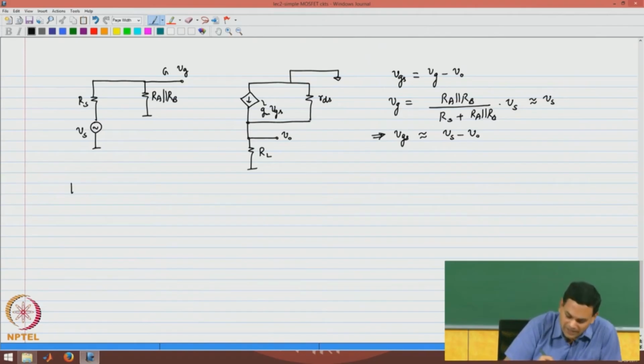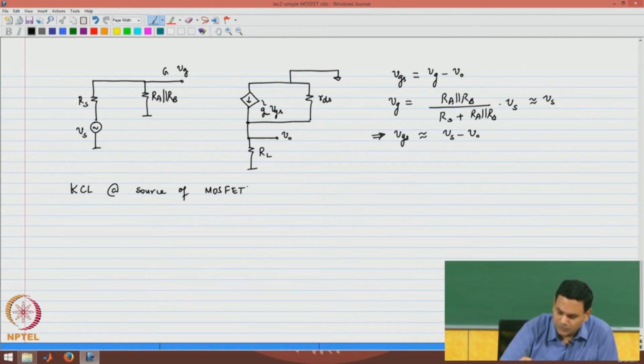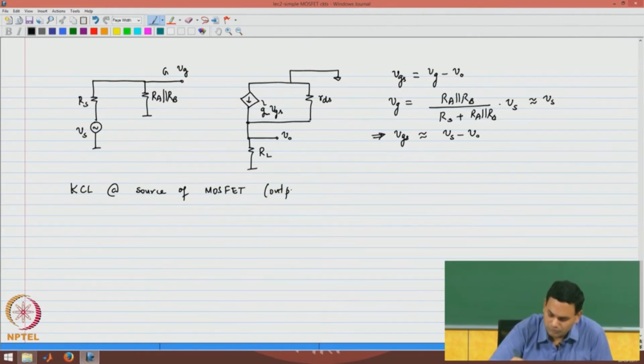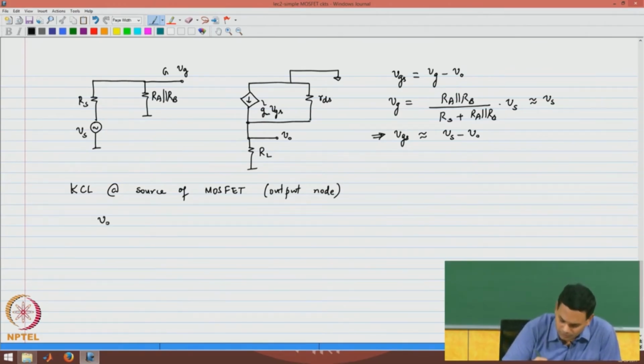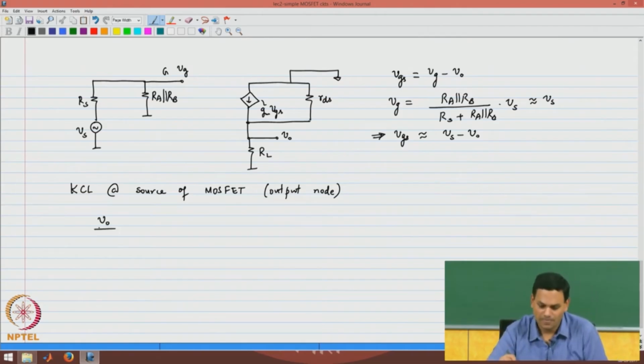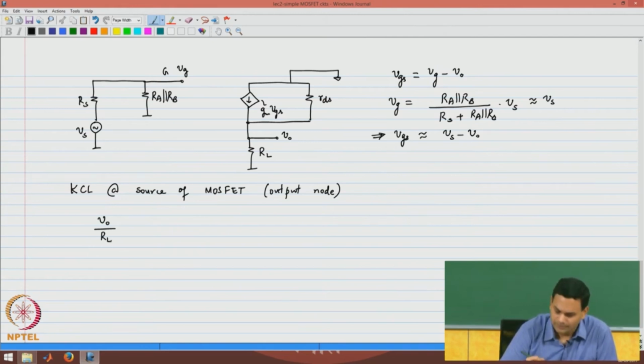Now, we will apply KCL at the source node of the MOSFET, which also happens to be the output node. So, the current flowing out of the node is vo by RL plus vo by rds.